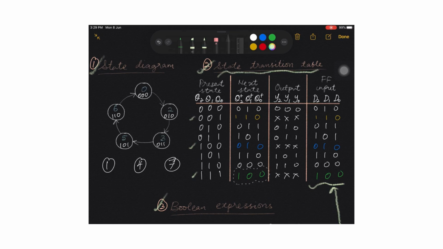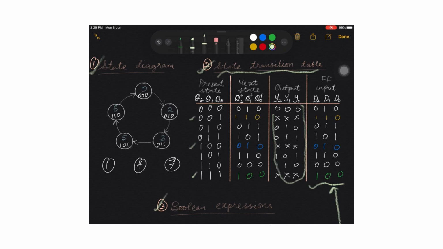Notice that we don't really bother about the output column because it does not influence the determination of the next states of the unused states. Now we can update the state diagram by including the transitions of the unused states.